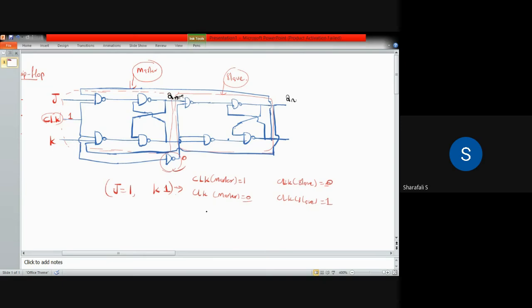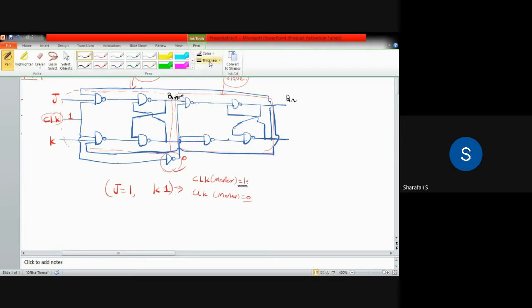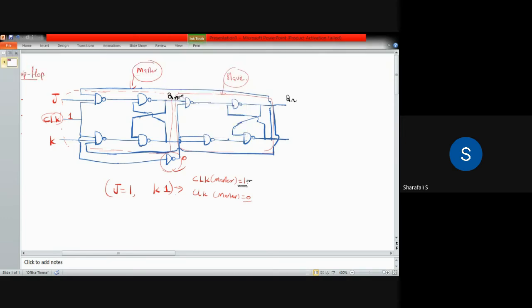So what will happen to this output when you're considering the output of this master first under this condition, that is clock equal to 1. Okay. So under this condition, I will erase this part. First I will show with the master. So what is Qm?